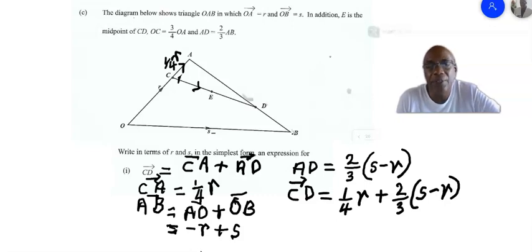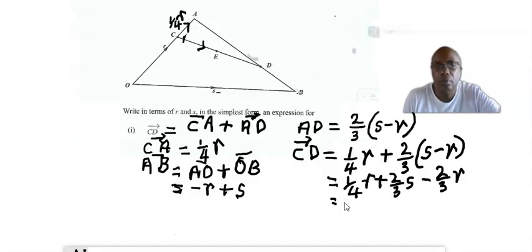To simplify it, the first thing we do is take out the bracket. So that's a quarter R plus 2/3 times S is 2/3 S and plus 2/3 times minus R is minus 2/3 R. So to simplify this, we add the R's, a quarter R minus 2/3 R, by bringing both to the same common denominator, that's the LCM of 4 and 3, which is 12.